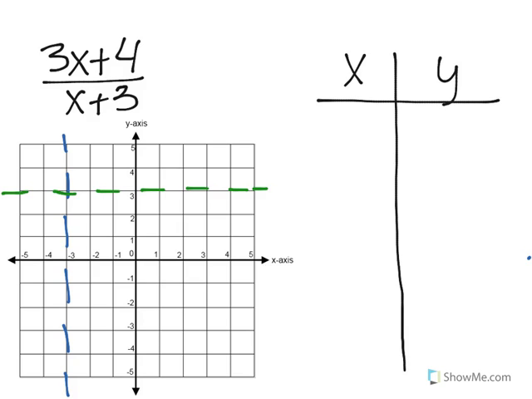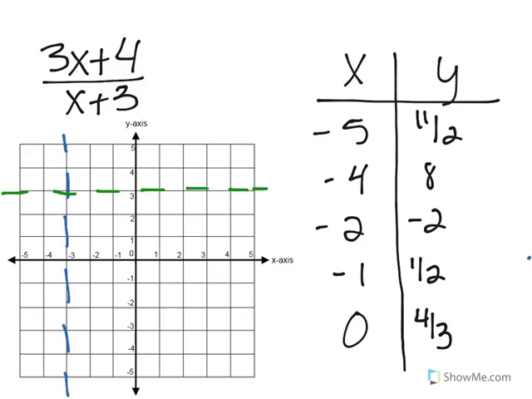So we're not going to pick x equals -3, because we don't know how the graph behaves at that point. So I'm going to pick -5, -4, -2, -1, and might as well pick 0 since that's an easy one. Now we're going to plug these into the equation and find out what our y points are.